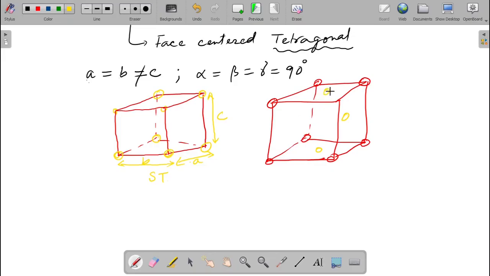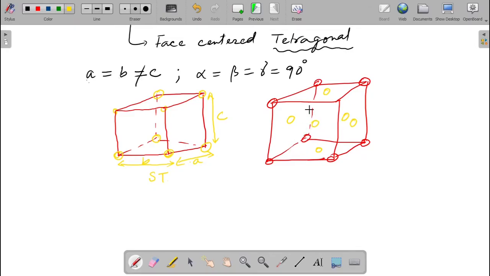This is at the top face, this is at the background face, this is at the face on the right hand side, this is at the bottom face, this is at the left hand side face, and this is at the front face.